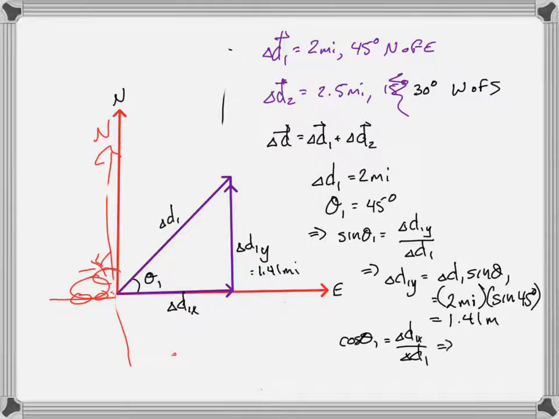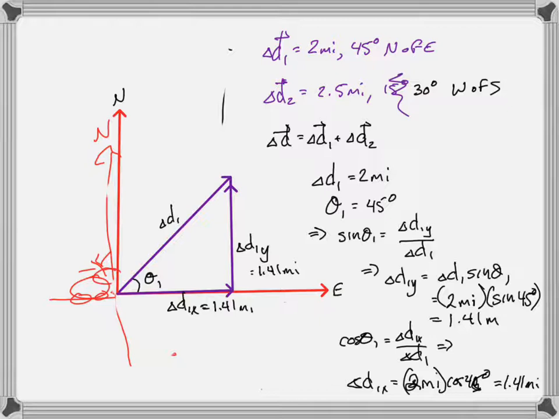So therefore, delta D1x is equal to 2 miles times the cosine 45 degrees, which you might have recognized because cosine of 45 equals sine of 45, and that's just 1.41 miles. So each of those is a length of 1.41 miles. So we found the components of delta D1.